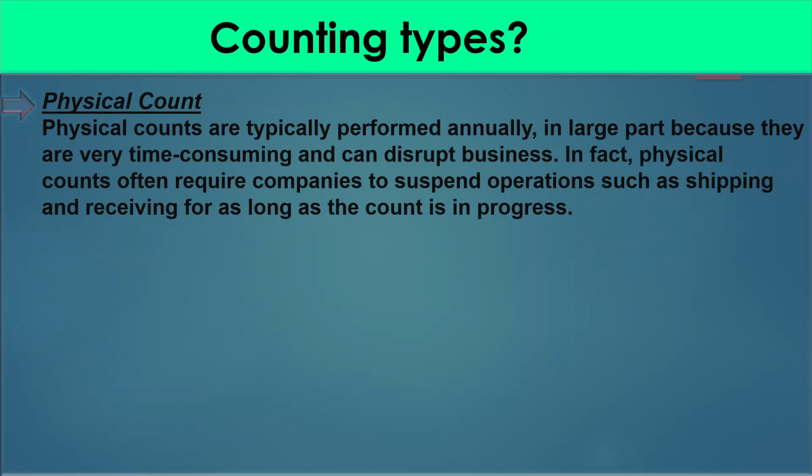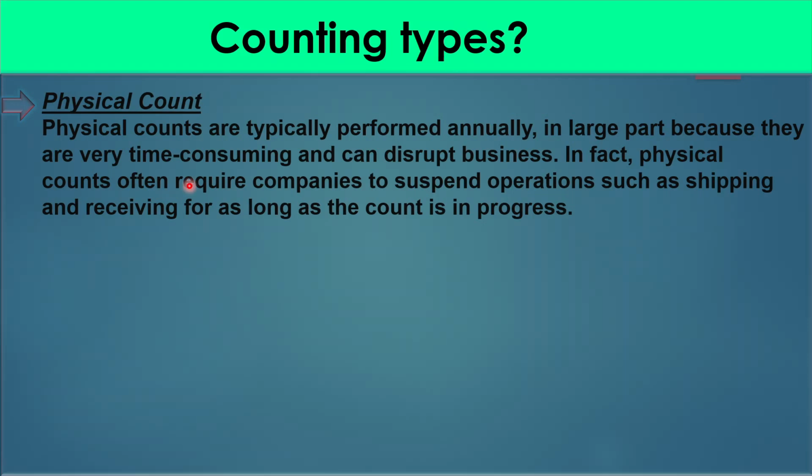Definitely, because you go and check all the existing material stock manually, and it can also disturb the business, meaning you have to stop all your functionalities like production, sales or receiving, or any dependent activities that cannot be performed during the physical inventory. In fact, physical inventory counts often require companies to suspend operations, as I said, such as shipping, receiving, production and so on.